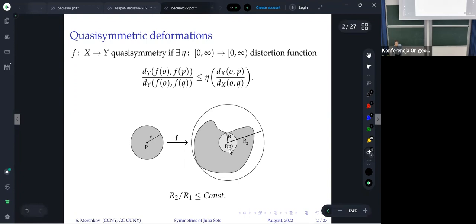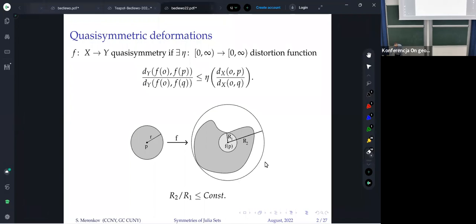Certainly you can always do this for any homeomorphism, but the main defining property is that the quotient here should be at most a constant, and this constant doesn't depend on either the center or the radius. So basically quasi-symmetric maps roughly preserve shapes. Something round goes to something roundish, not necessarily round, but the scales may change dramatically. These are quasi-symmetric maps.